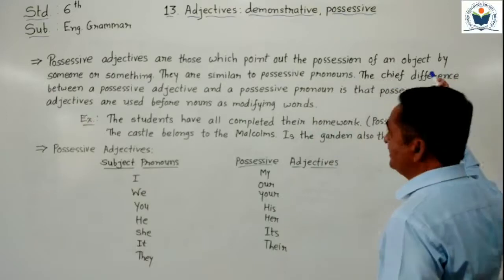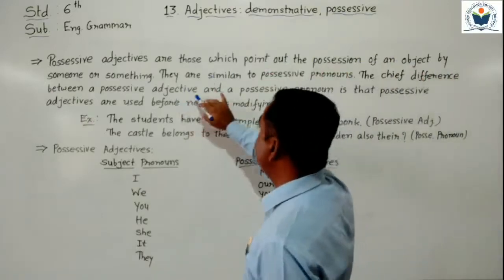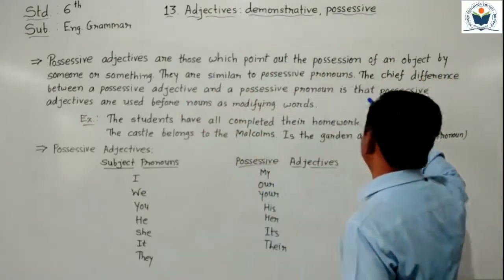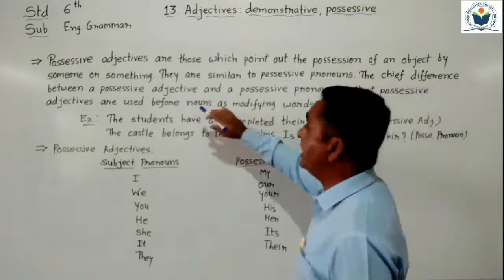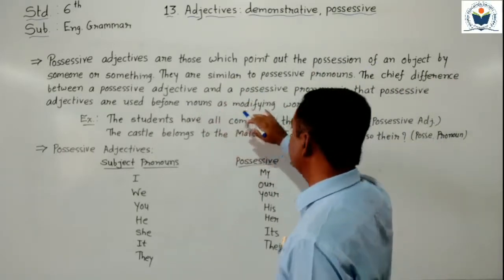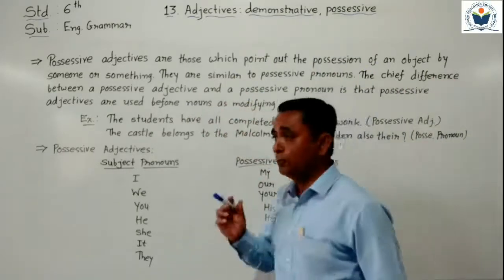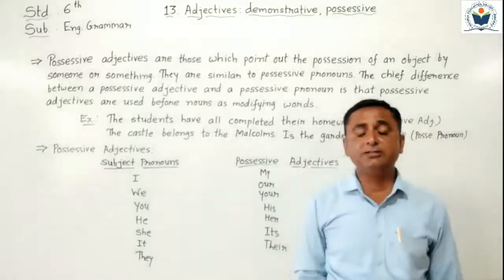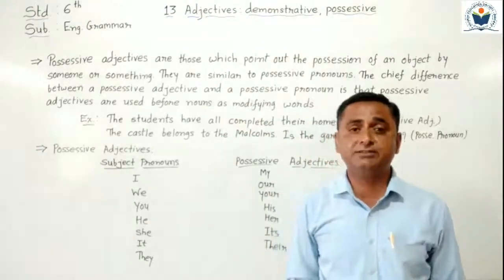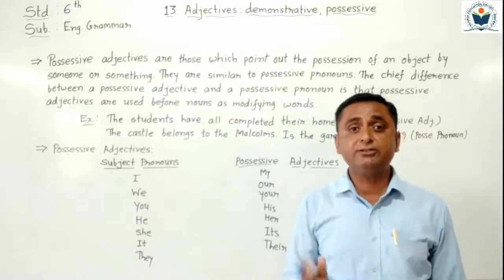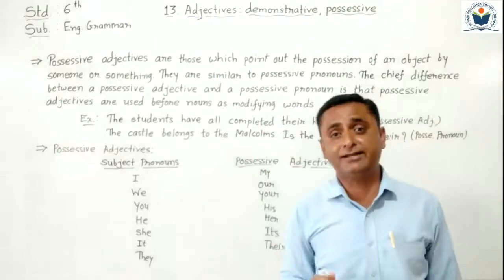The chief difference between a possessive adjective and a possessive pronoun is that possessive adjectives are used before nouns as modifying words. One major difference is that a possessive adjective is used before a noun to modify that noun.